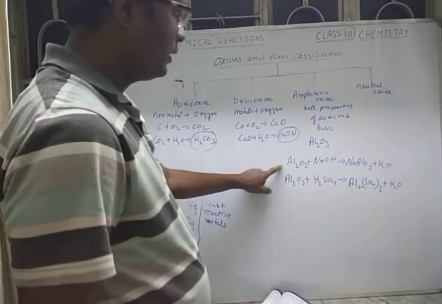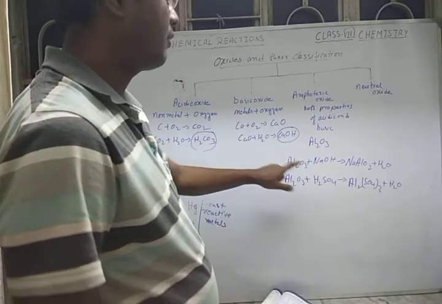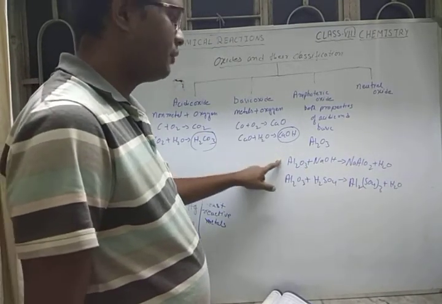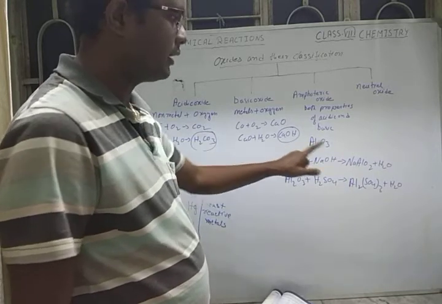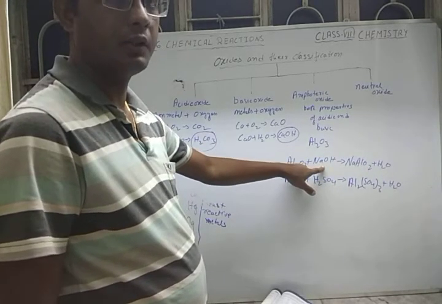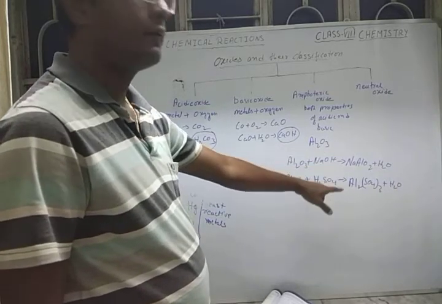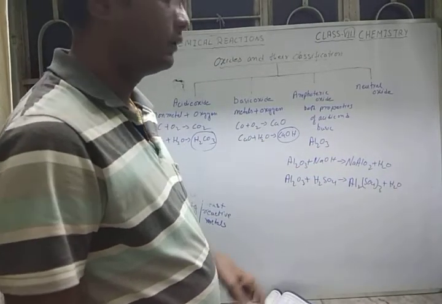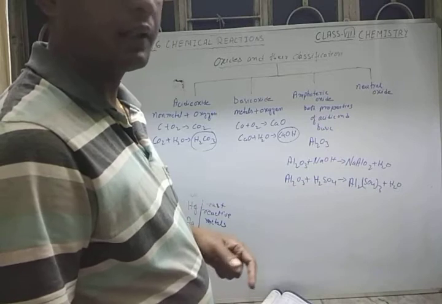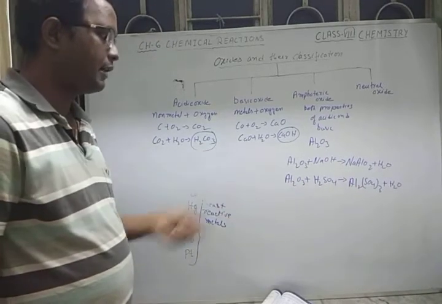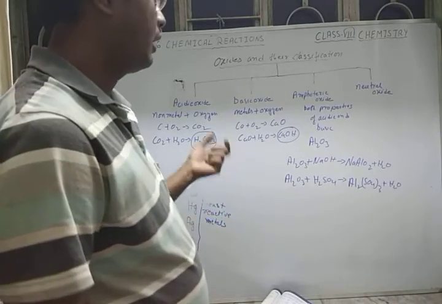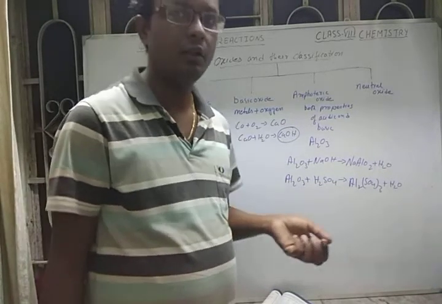So dialuminium trioxide is amphoteric in nature because it reacts with both base and acid and gives compounds and water. That's why this type of compounds are called amphoteric oxides.